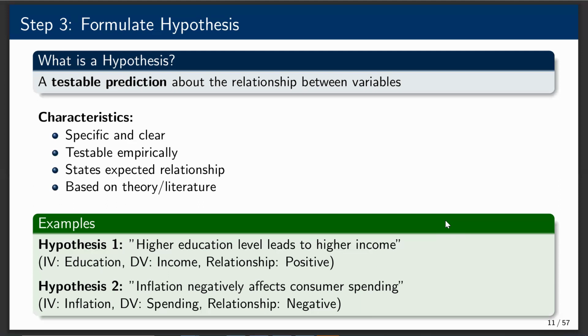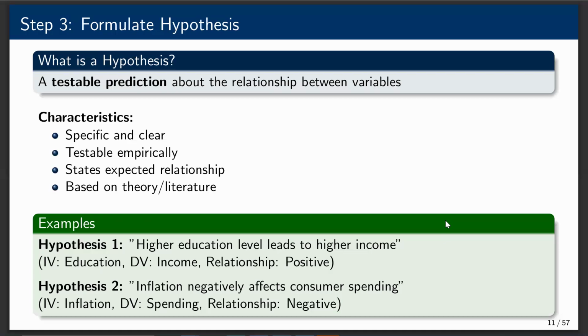Let's see some examples. Hypothesis 1: higher education level leads to higher income. Clearly education is the independent variable, income is the dependent variable, and the relationship is positive because we are saying higher income. Hypothesis 2: inflation negatively affects consumer spending.